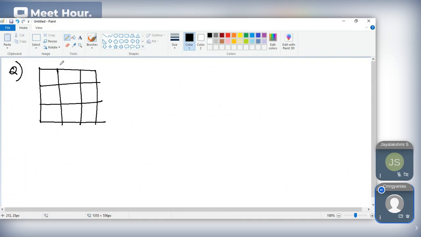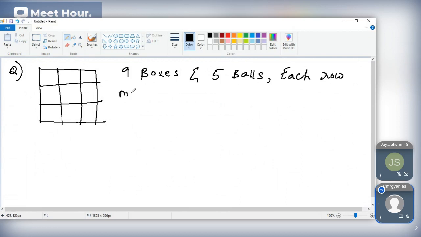So the question is there are totally 9 boxes and 5 balls. Each row must consist of at least one ball.